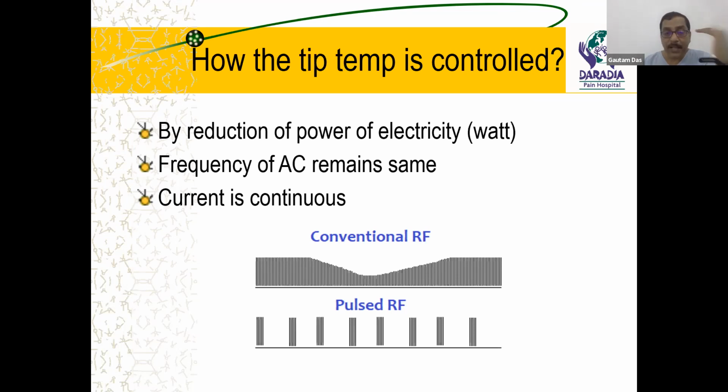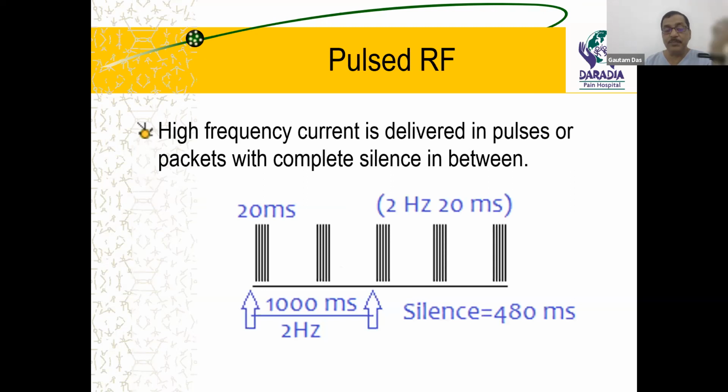So pulsed radio frequency does not have any ablation or neurolysis effect, because your tip temperature is not going beyond 42 degrees centigrade. Then how do the benefits come? Benefits are because of the strong electromagnetic field that is produced at the tip of the electrode, because of the high frequency 300,000 hertz.